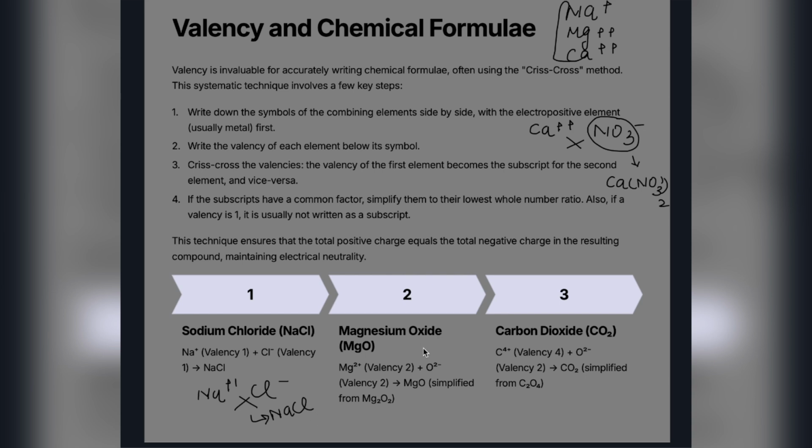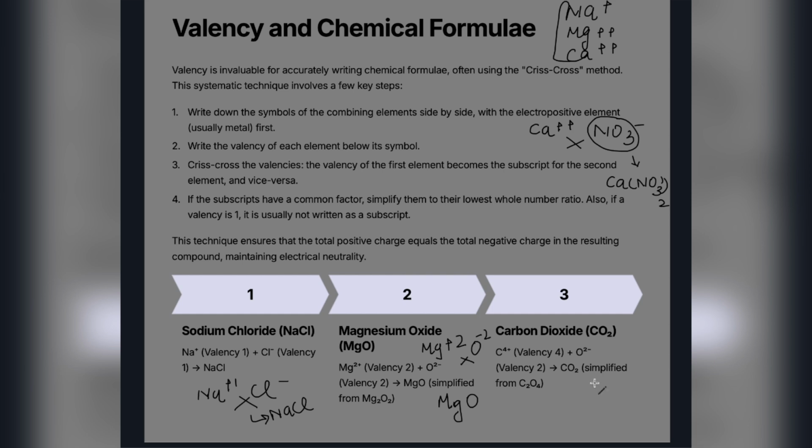In the case of magnesium oxide, magnesium is positively charged. It has +2 valency and oxygen has -2 valency. Now crisscross the valencies, and after simplifying, we will get the formula of magnesium oxide as MgO.